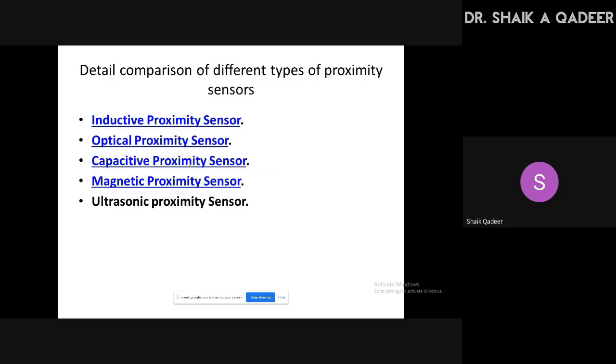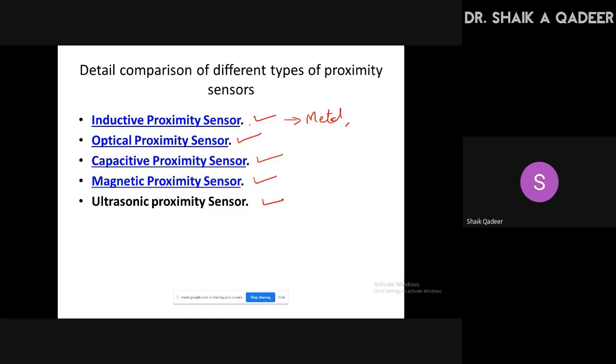Now, these are the different types of proximity sensor: inductive proximity sensor, optical proximity sensor, capacitive proximity sensor, magnetic proximity sensor, ultrasonic proximity sensor. In case of the inductive proximity sensor, the object is always metal. Already I introduced this to you, covered in detail. The inductive proximity sensor makes use of the principle of inductance.